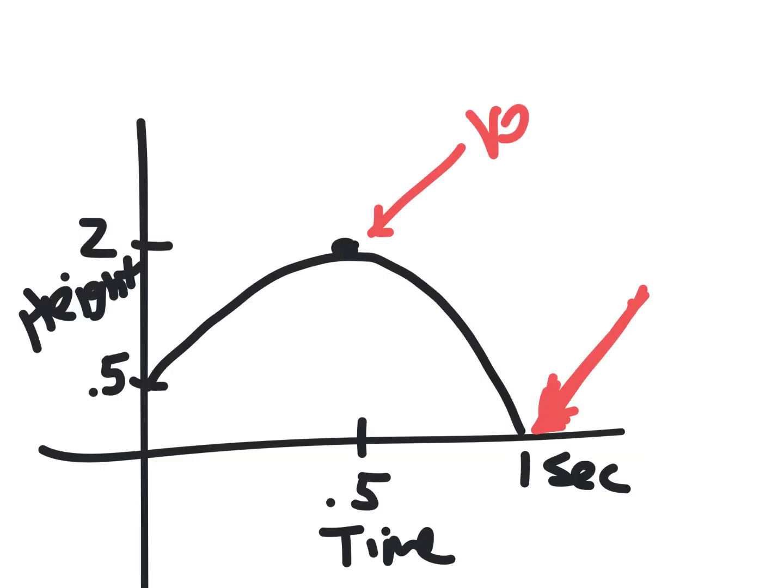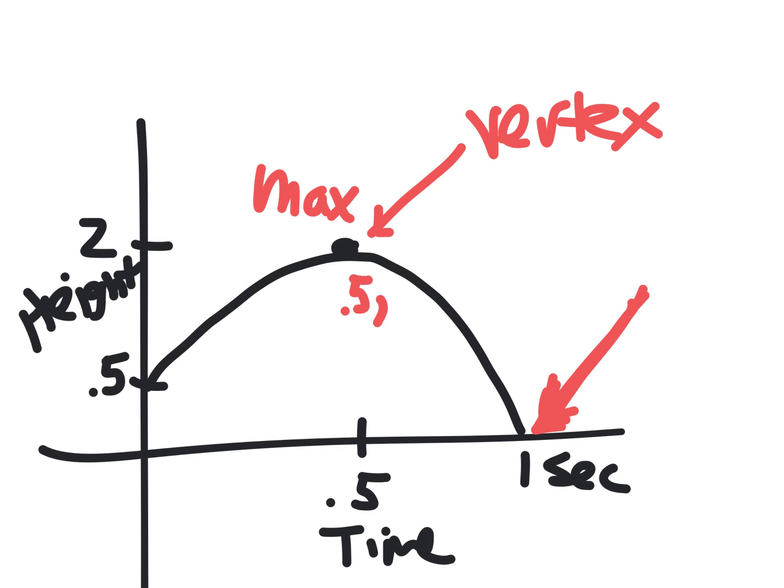All right, did you know this is a vertex? Could you also put maximum? Yeah, that's okay. I was looking for that one, but it would be true. All right, next. If they said 0.5 comma 2, would you be able to tell me what that is?